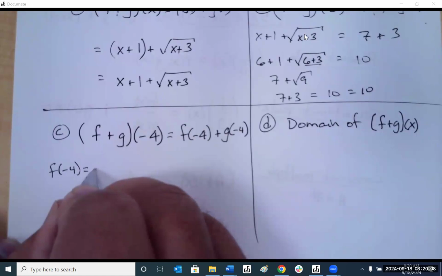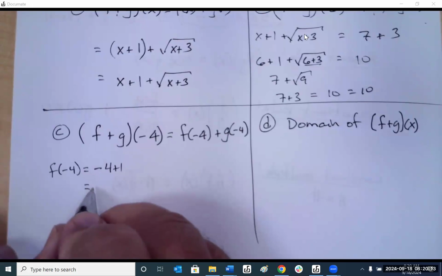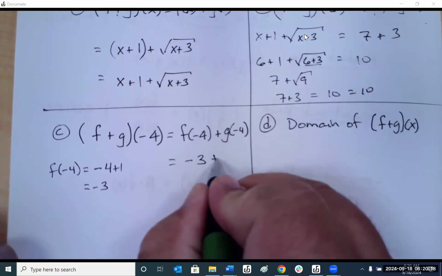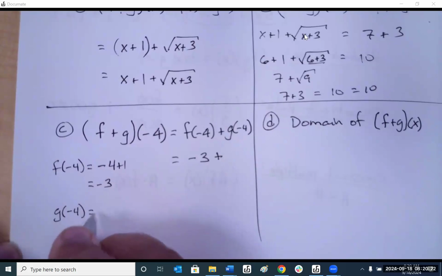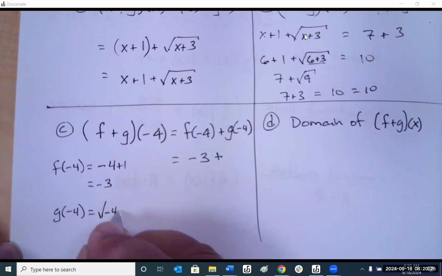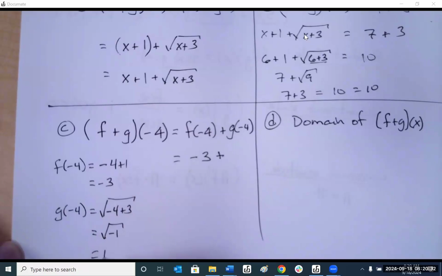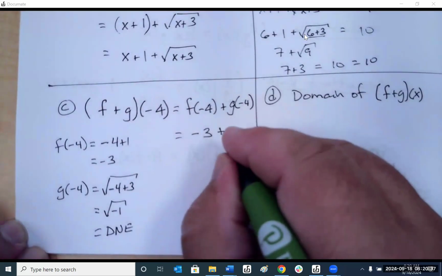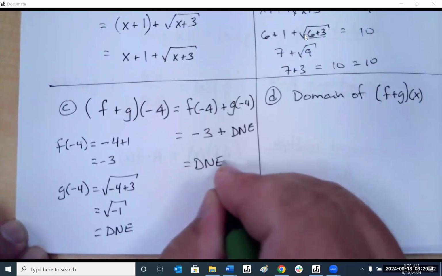That becomes -3. G of -4 is the square root of -4 plus 3. So that in turn becomes the square root of -1, which does not exist. So the solution does not exist.